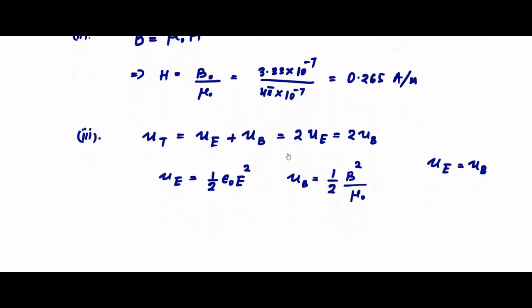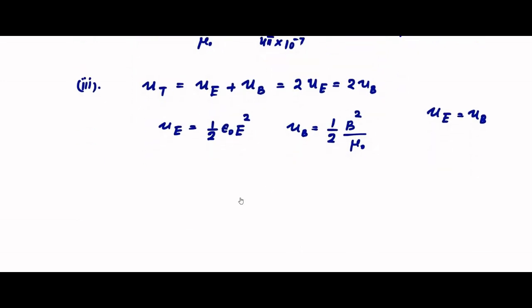So here the total energy density UT is equal to 2 UE, which is equal to epsilon 0 E square, or 2 UB, which is equal to B square by mu 0.